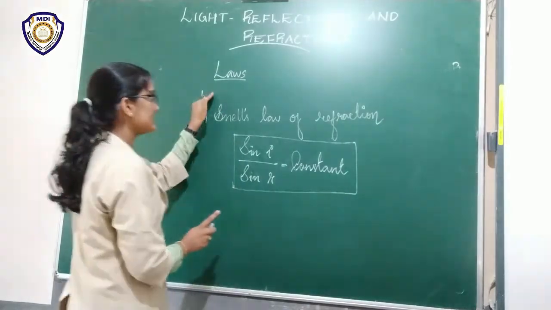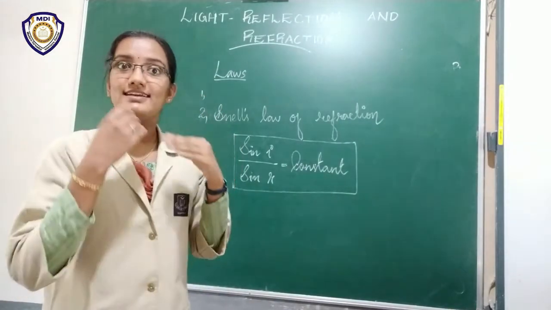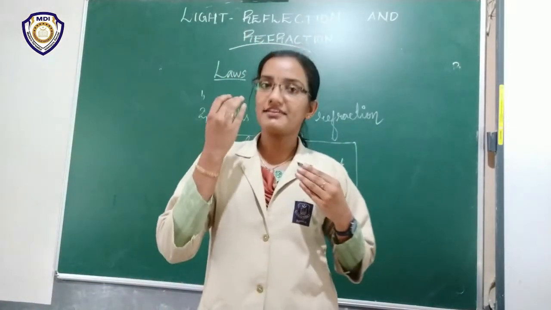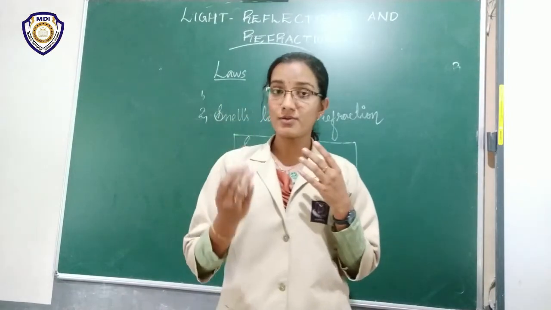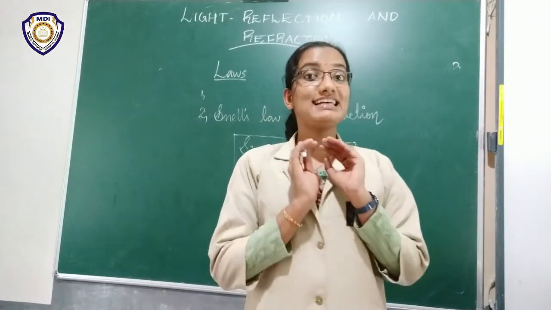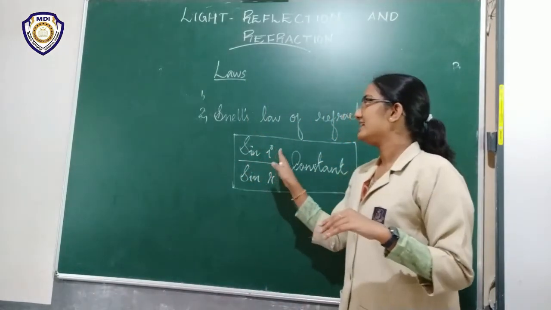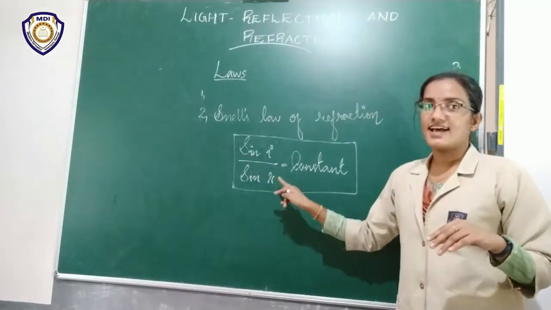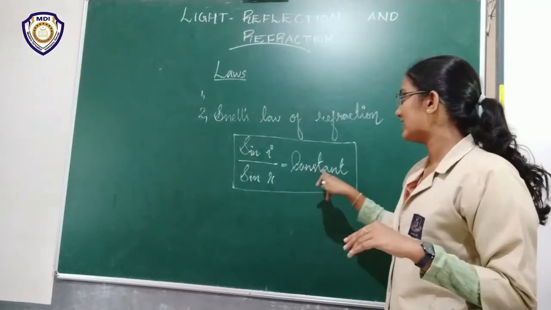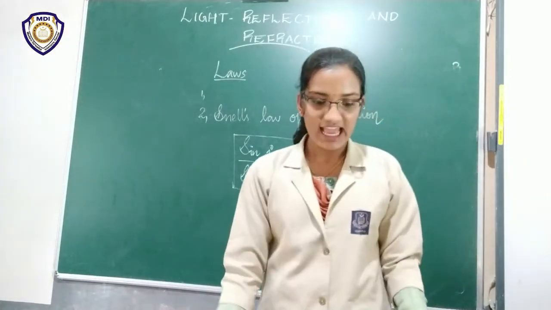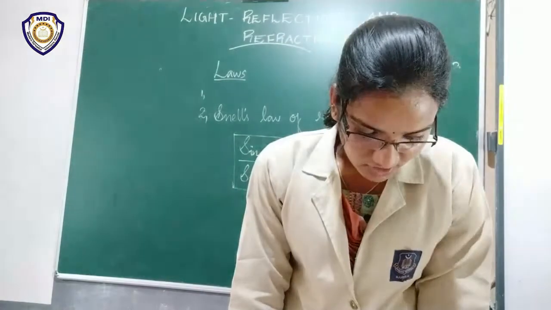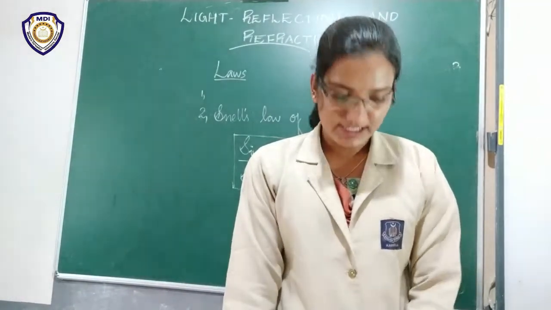The first law says that the incident ray, the refracted ray and the normal lie in the same plane. The second law says that sine i divided by sine r equals a constant. This constant is known as the refractive index.